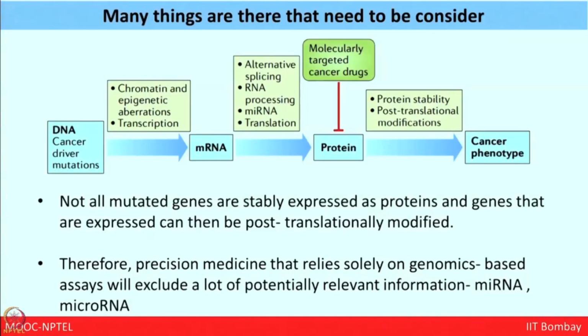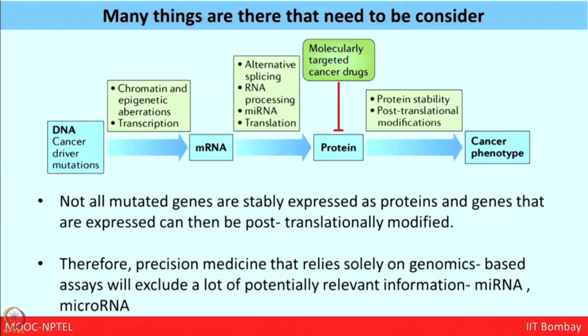So, now we understand that we did not consider a lot of things between genomics and precision medicine: not all mutated genes are stably expressed as proteins, and genes that are expressed can be post-translationally modified.